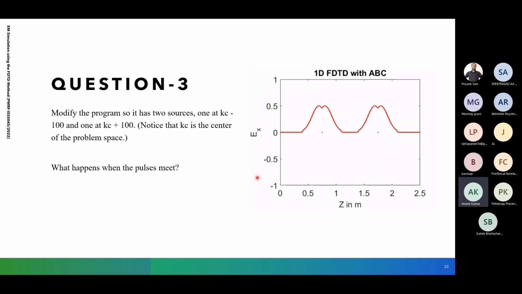So when there are two Gaussian sources, when the pulses meet, we see that their amplitude gets added. This was supposed to be simulated for soft sources and hard sources. This is the case for a soft source, and when the pulses meet, their amplitude gets added. That is what we see in the simulation space.